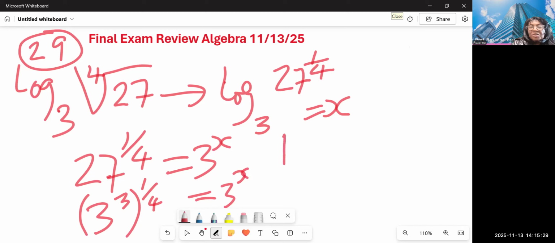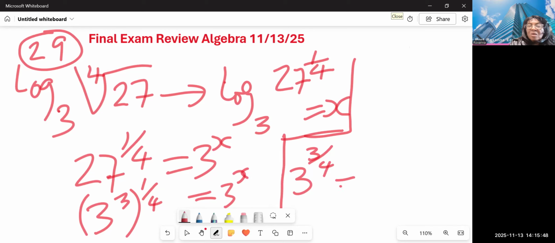Then I'll continue right here. So that means if I open the parentheses, 1/4 will multiply. So I have 3 to power 3/4 is equal to 3 to power x.